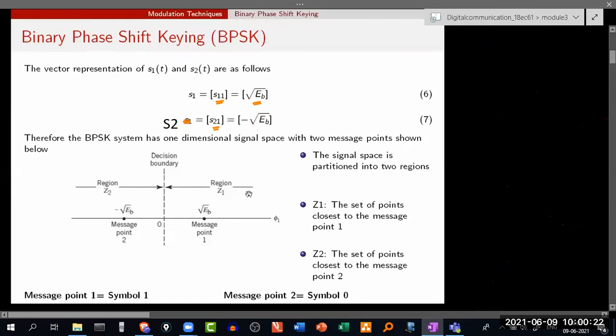This S1 over here corresponds to symbol 1, and S2 over here corresponds to symbol 0. Remember this. So this is signal 1, this is signal 2. After getting the vector form representation of these two signals, now let's plot it.